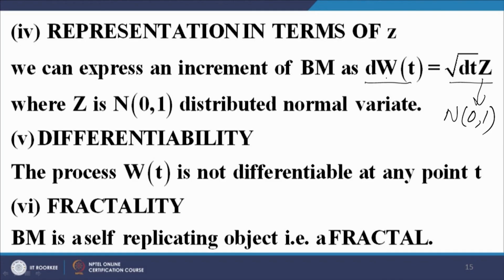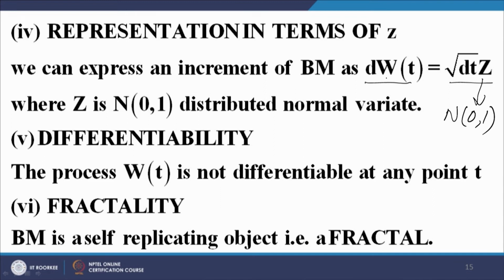So, because the mean and variance of the left hand side and the right hand side of this equation are identical, it follows that the distribution is also identical. In other words, we can exactly represent the infinitesimal increment of Brownian motion by the expression on the right hand side in terms of the standard normal variate.